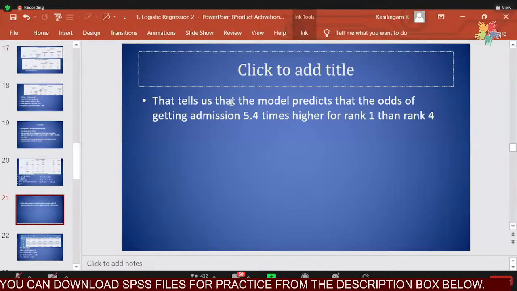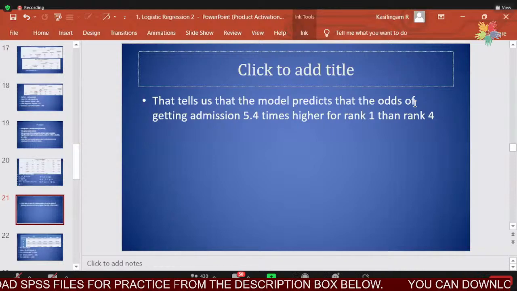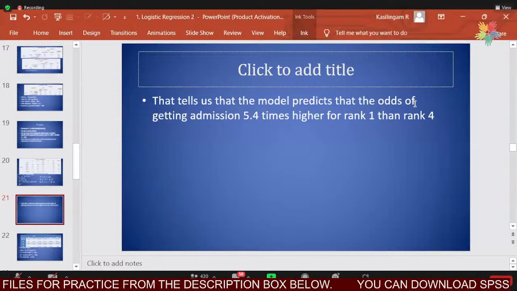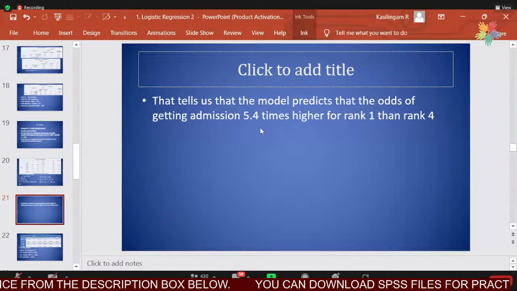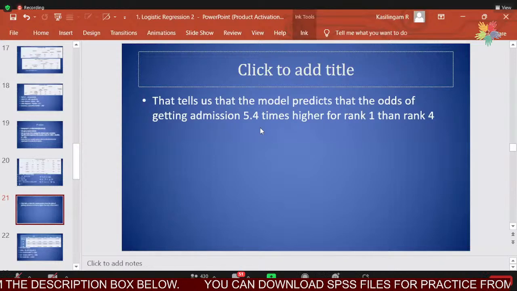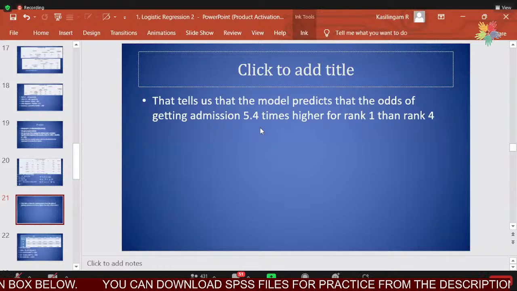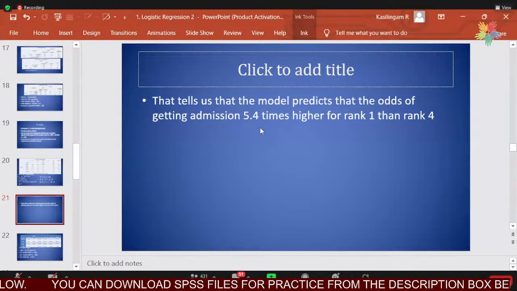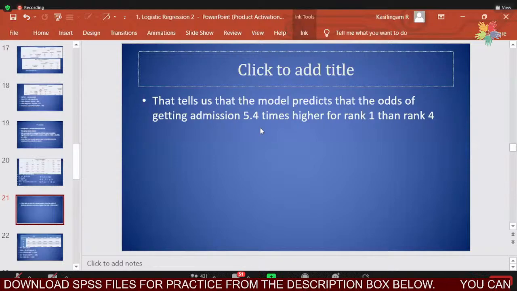So that tells that the model predicts the odds of getting admission. My dependent variable is odds. Please remember my dependent variable is p divided by 1 minus p, so that is the odds. So here also the exponential of beta.